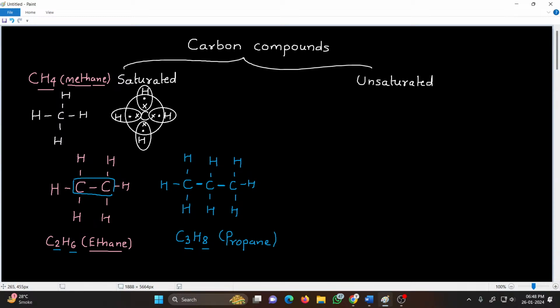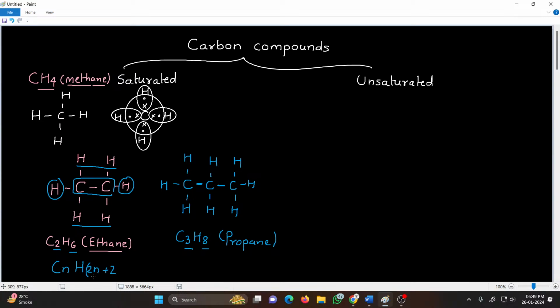Then we have 2 hydrogens above it, 2 hydrogens below it, whereas there are 2 hydrogens at the end of the chain. So, if there are n carbon atoms in a straight chain, there are 2n hydrogen atoms, meaning n hydrogen atoms above the linear chain, n hydrogen atoms below the linear chain, and we have extra 2 hydrogen atoms at the 2 ends of the chain.